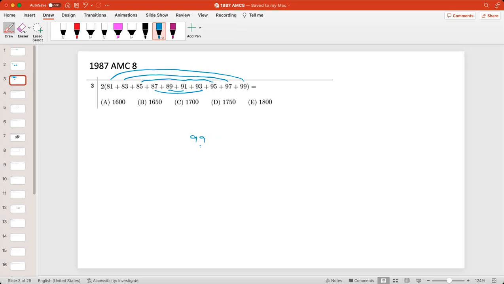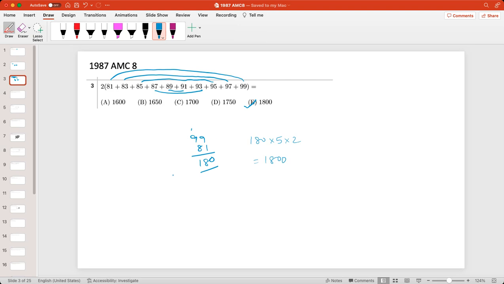So what is the sum of one of these pairs? Let's check that. 99 plus 81 will make you 180, right? So how many 180s do we have here? You have 1, 2, 3, 4, 5 lines, right? So we say 180 into 5 and the whole thing by 2. That's going to give you 1800, and that's your answer.